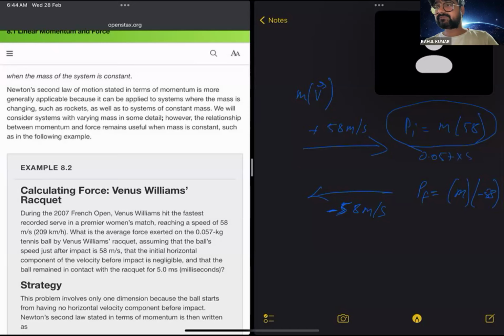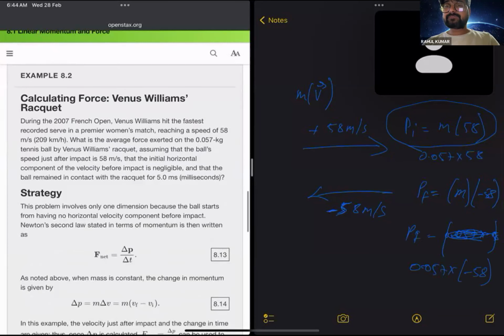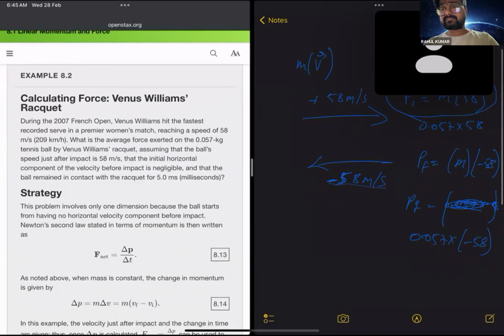Yes. And what is the final momentum? 0.057 times negative 58. Yes, that's correct. So that will give you the initial and final momentums, right? Now, after doing that, you will get the initial and final momentums. And what is the net force acting on any object?